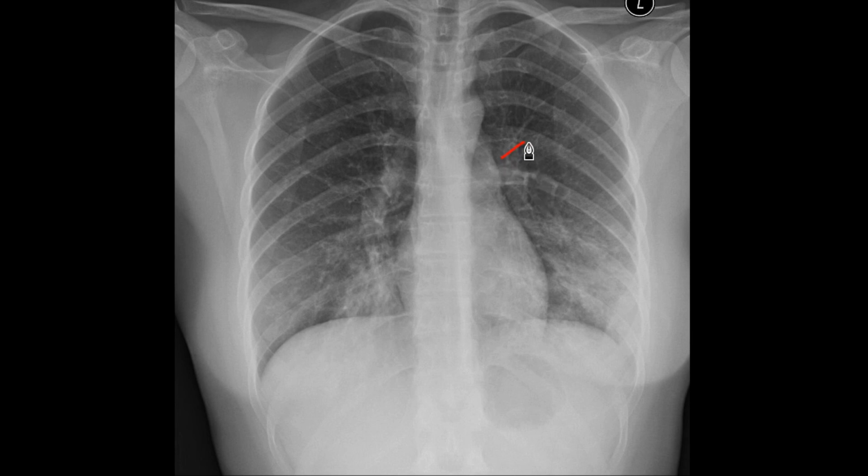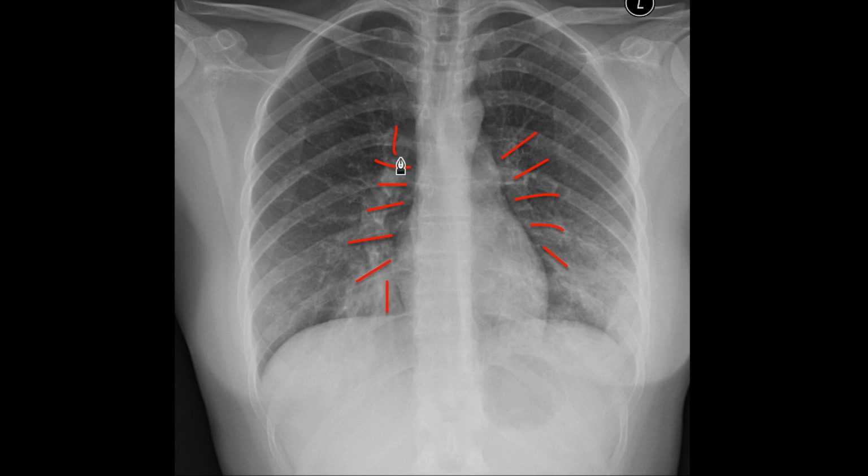But here's the thing. The reticular appearance that you're going to see here is going to be more concentrated on the perihilar region. So if you can see all of this right here, there's some nodularity there, and there's some reticular or line-like appearance. And if you notice, it's right around the heart borders or near this area of the hilum.